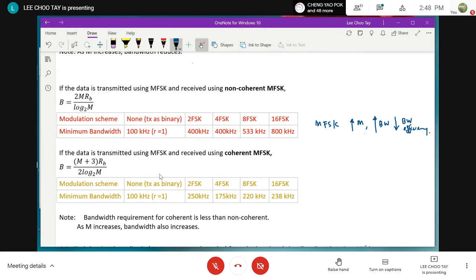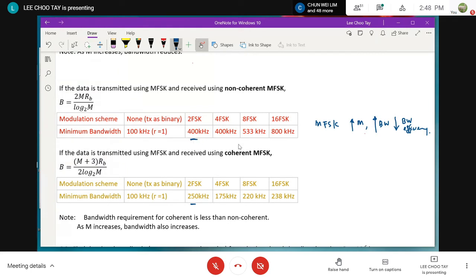That is for non-coherent. For coherent, the same trend, but the bandwidth requirement is lower compared to non-coherent. For non-coherent, you are going to use a filter to recover the signal that you want. When you use a filter, you definitely need a wider bandwidth to allocate for your filter design.